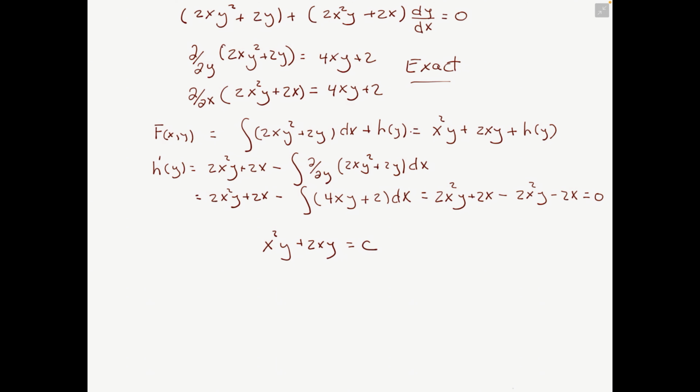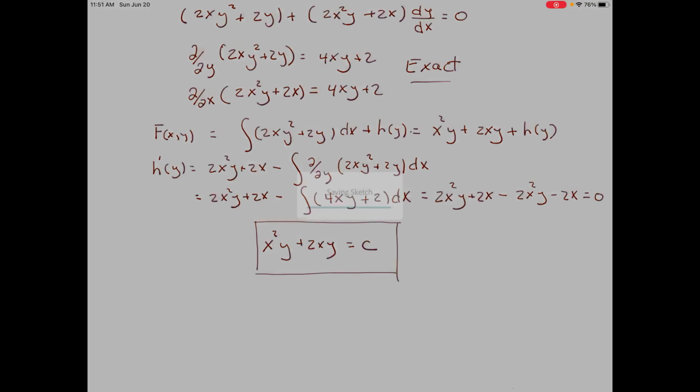So our solution then has already been found. It's x squared y plus 2xy equals c.